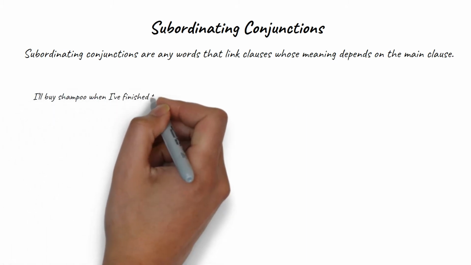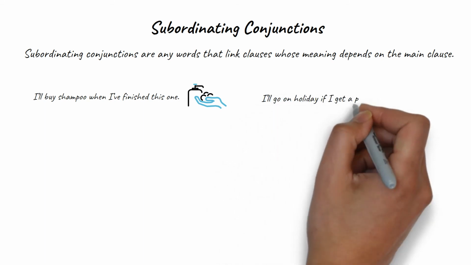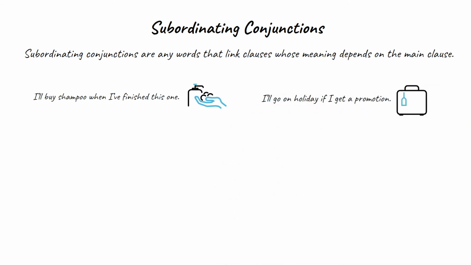I'll buy shampoo when I finish this one. I'll go on holiday if I get a promotion. The conjunctions are when and if, and they introduce I finish this one and I get a promotion. So when I finish this one and if I get a promotion are subordinating clauses.